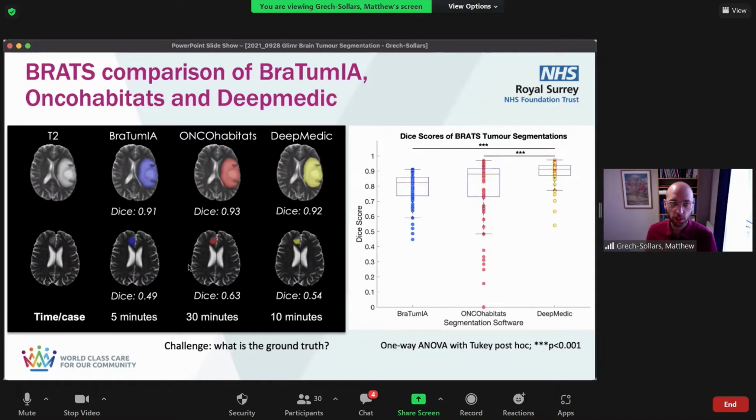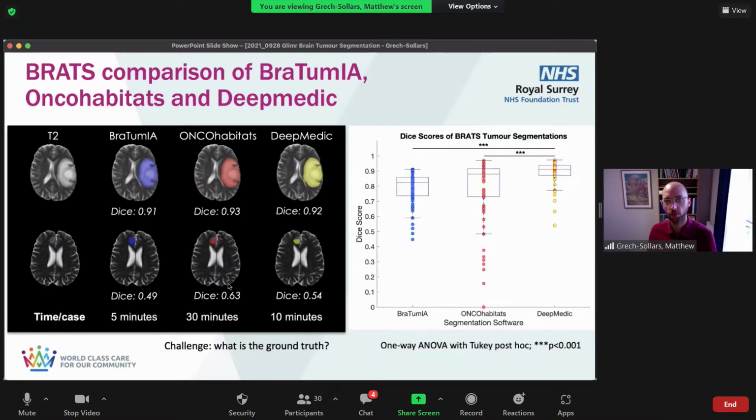Now, the main issue here is that the way BraTS works is that we didn't have the ground truth available to us. So we couldn't actually compare to what the ground truth is. So what we do is we segment the tumors, we upload them online, and then we get back information of the Dice score within each of the patient's data sets that we uploaded.